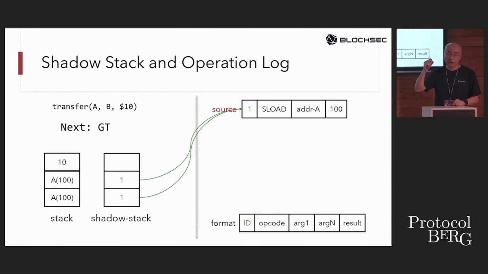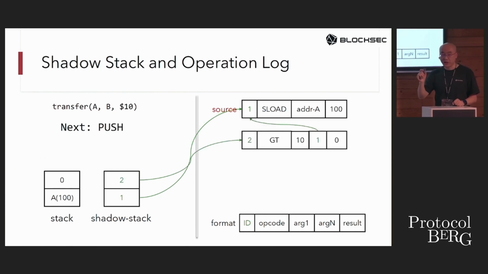To compare the balance of account A to 10, we will have another operation log, the operation log 2. The opcode of this operation log is GT, greater than.